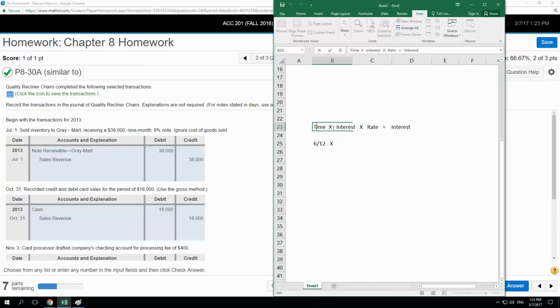And I made a boo-boo over here, right? We'll call this principal, right? So 6 months out of 12. Principal is $38,000. That's initially what the note was for. And the rate is 8%.